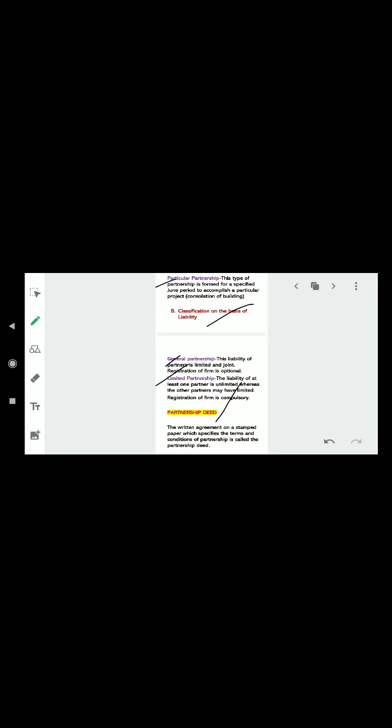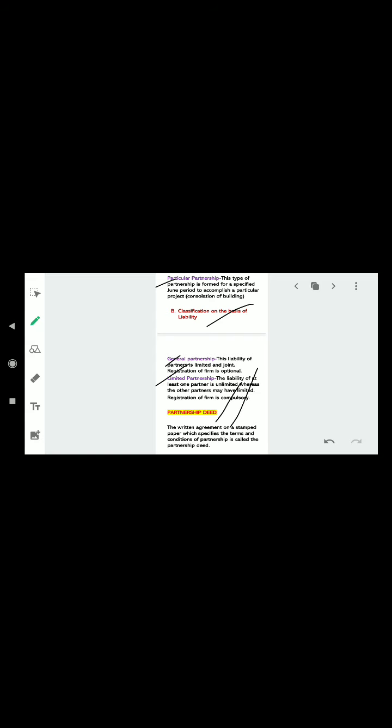Next is partnership deed. So what is a partnership deed? It is a written agreement on a stamped paper which specifies the terms and conditions of the partnership. A partnership arises out of a contract among partners.